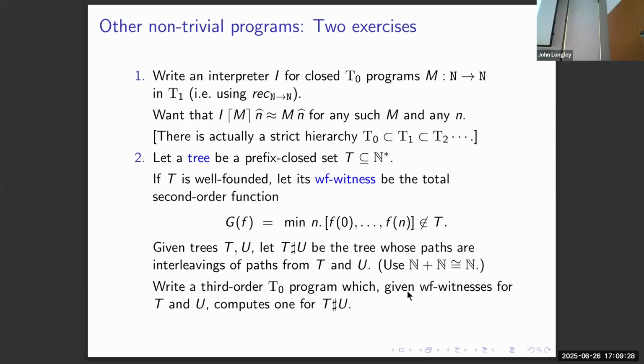So the challenge, which is not that easy, is to write a third order T program. These are second order functions. So write a third order T program which, given well-founded witnesses for T and U, computes a well-foundedness witness for T hash U. Now the point is it's classically trivial that if both T and U are well-founded, then T hash U is well-founded, because any f is either going to mention infinitely many values on the T side or infinitely many values on the U side.